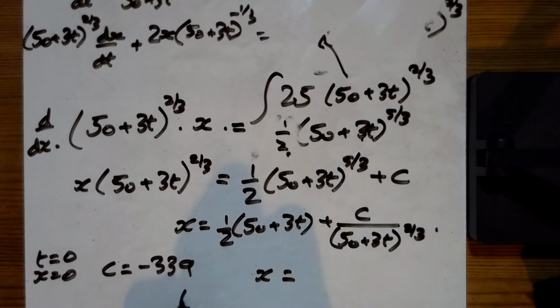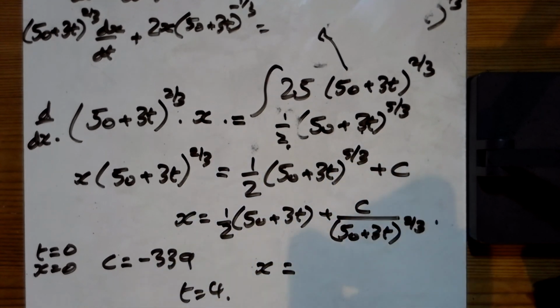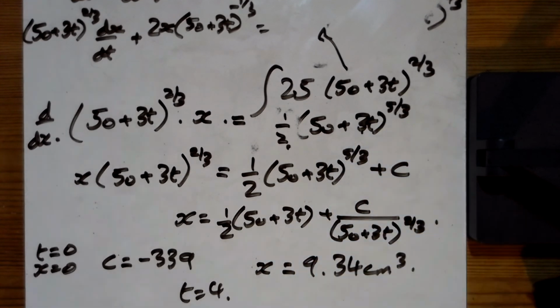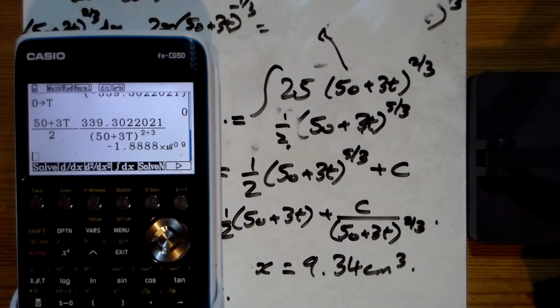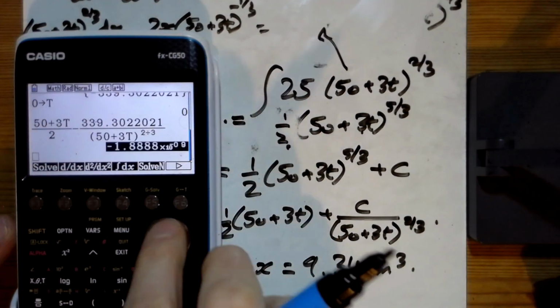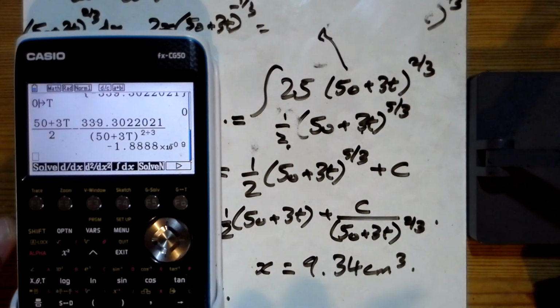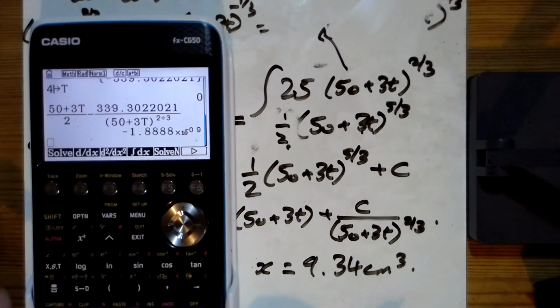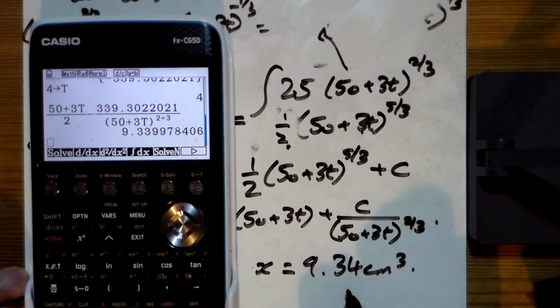So at T equals 4, I've got 9.34 centimeters cubed. Yeah, it wasn't exactly 0 when I put the 0 in, but if I put the 4 in, as we were asked to here, I'm getting the 9.34.